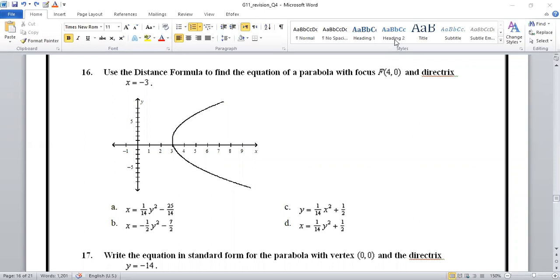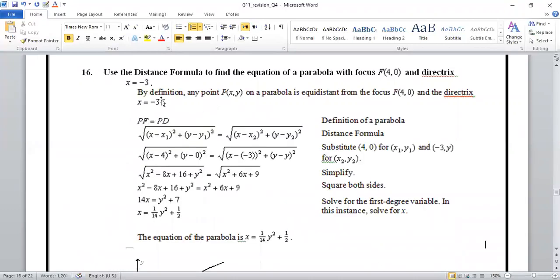Question number 16. Use the distance formula to find the equation of a parabola with focus (4, 0) and directrix x equal -3. We know that the distance from any point on the parabola to the focus equals the distance from the same point to the directrix.